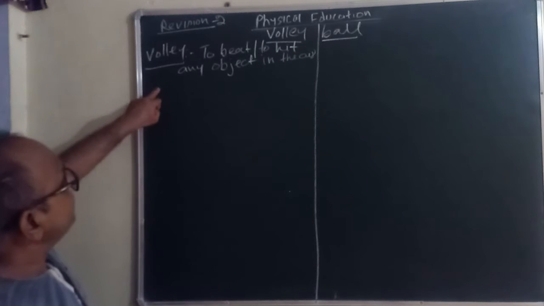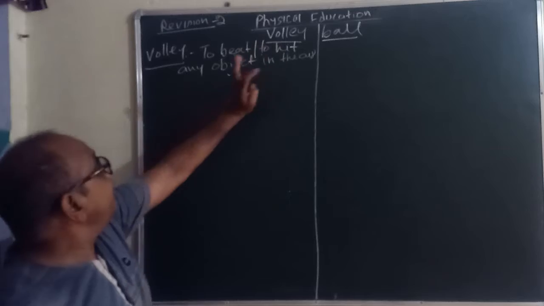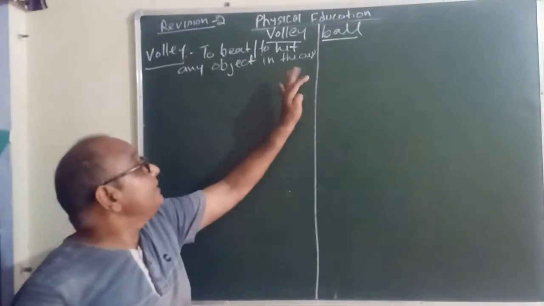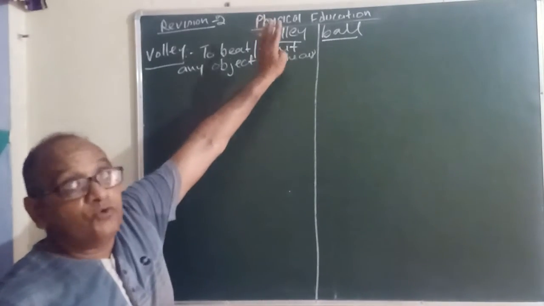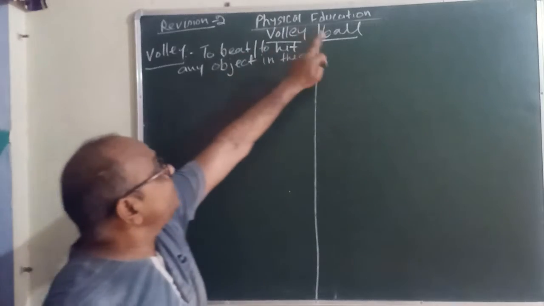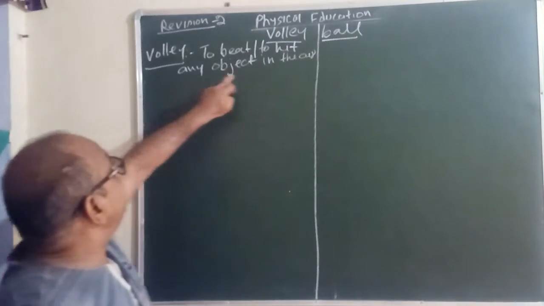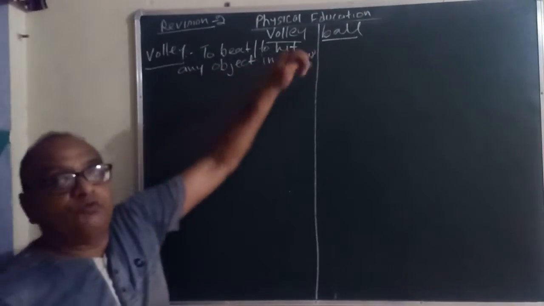Volley means to beat or to hit any object in the air, and here the object is a ball, so it is called volleyball.